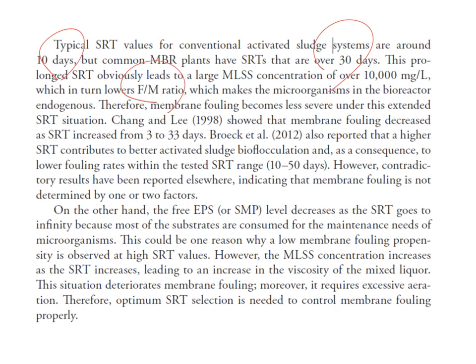So by changing SRT, we have different stages for the membrane fouling, and generally speaking, if we have increased SRT, the fouling should decrease. But we also have to consider another factor such as EPS.